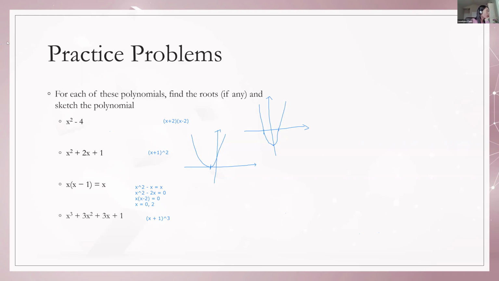For quadratics, the power is 2, so you need at least 3 points to determine a unique quadratic. But for cubics, the power is 3, so you need at least 4 points to determine a unique cubic. And here you only have one root, which is x equals negative 1.